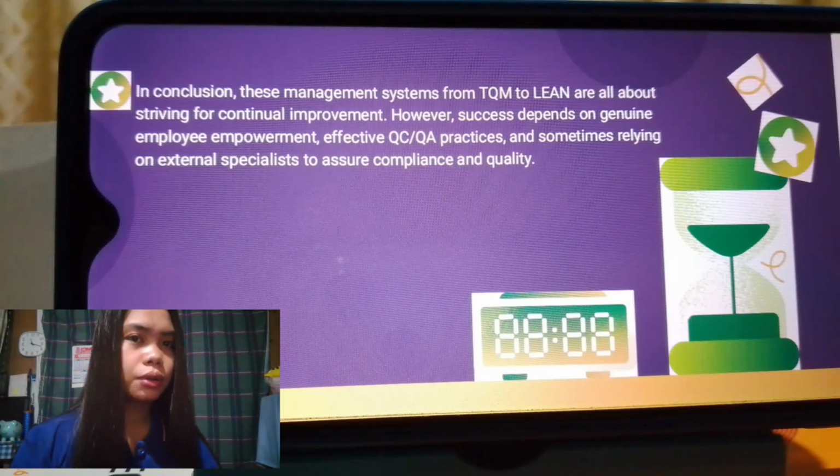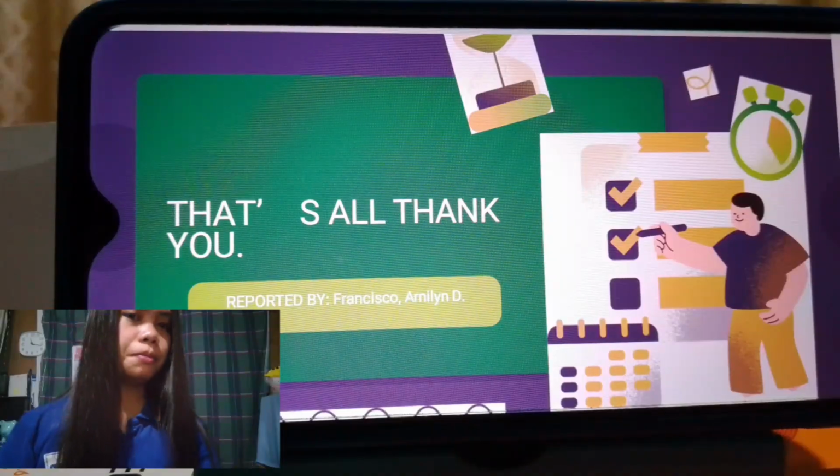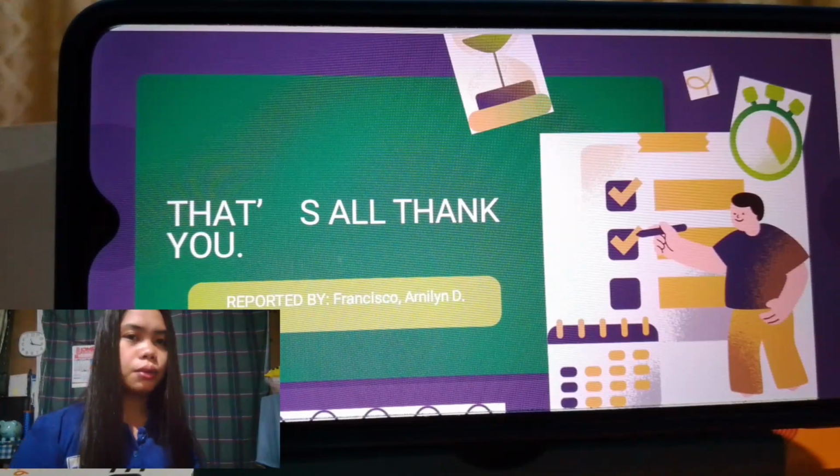In conclusion, these management systems from TQM to Lean are all about striving for continual improvement. However, success depends on genuine employee empowerment, effective QC and QA practices, and sometimes relying on external specialists to assure compliance.